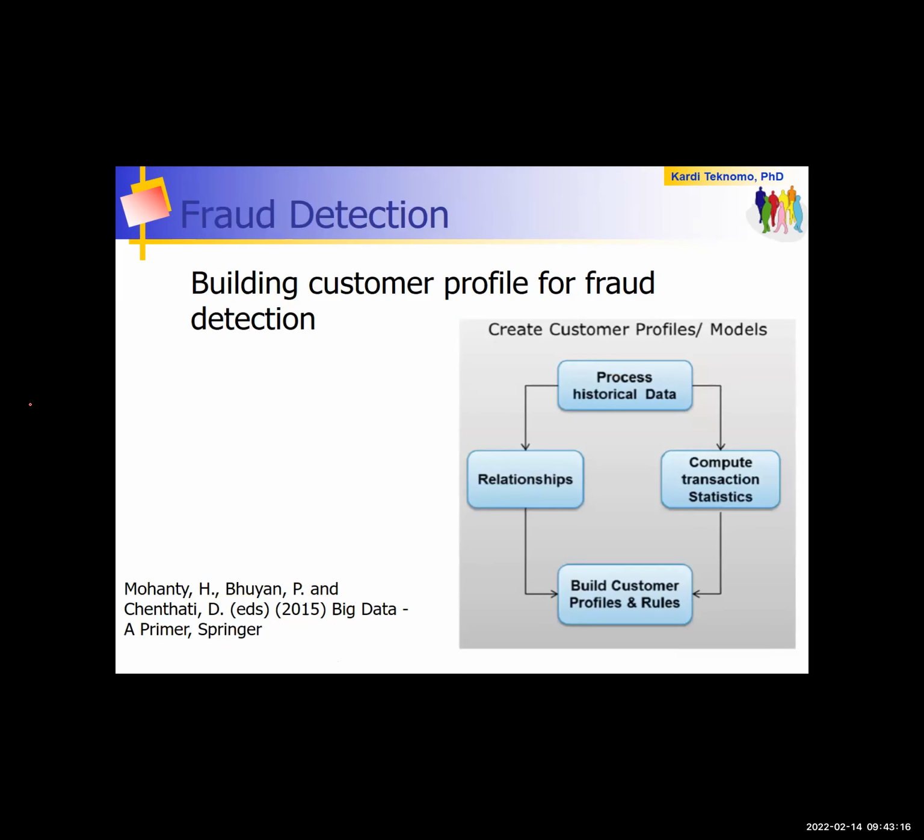This is an example, for instance, fraud detection. Based on the historical data, you compute the transaction statistics, right? From there, you can build the customer profile, and then you create the rules. This is the nice thing about data mining or data science. You can create rules based on data, and then you can create the relationships. So you can check whether a certain customer is actually doing fraud or not.